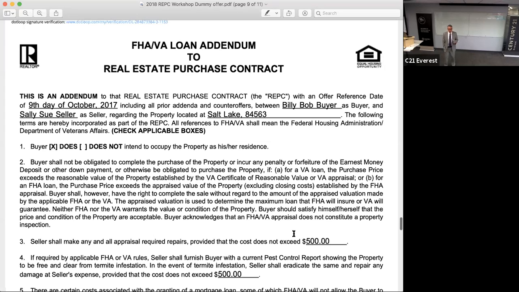We had an agent who had written an offer and sent it to an agent who's been an agent for maybe 40 years. They were going to do an FHA loan. The listing agent called the buyer's agent, who is brand new, and said, you're not going to be able to get an FHA loan on this property because the carpets need to be replaced.